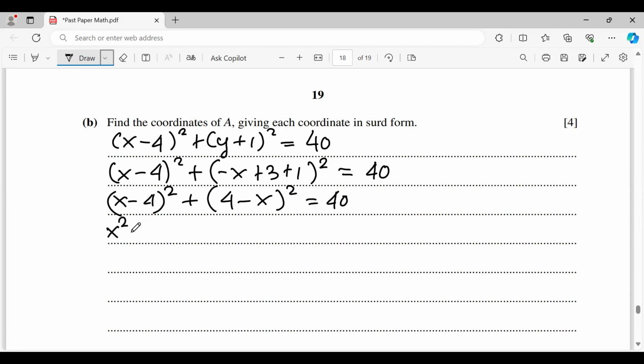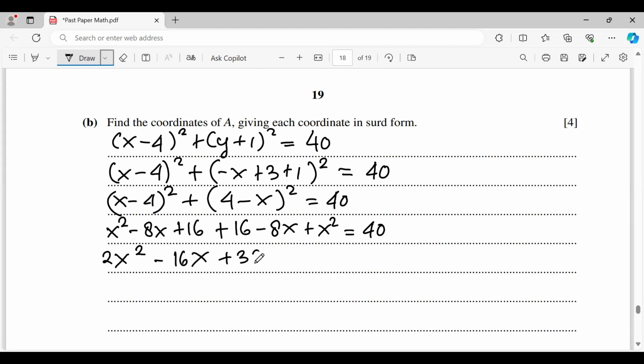Becomes x squared minus 8x plus 16, plus 16 as well, minus 8x plus x squared equals 40. x squared plus x squared being 2x squared, and then minus 8x minus 8x, minus 16x, then plus 32.